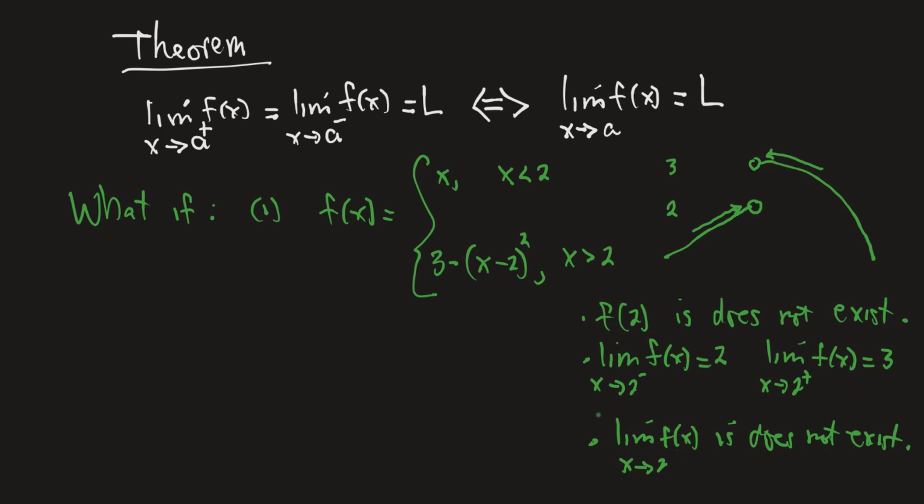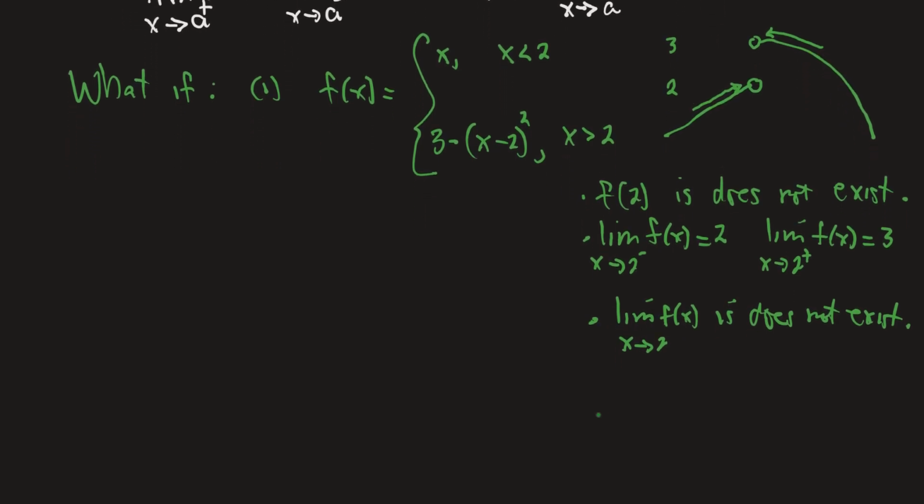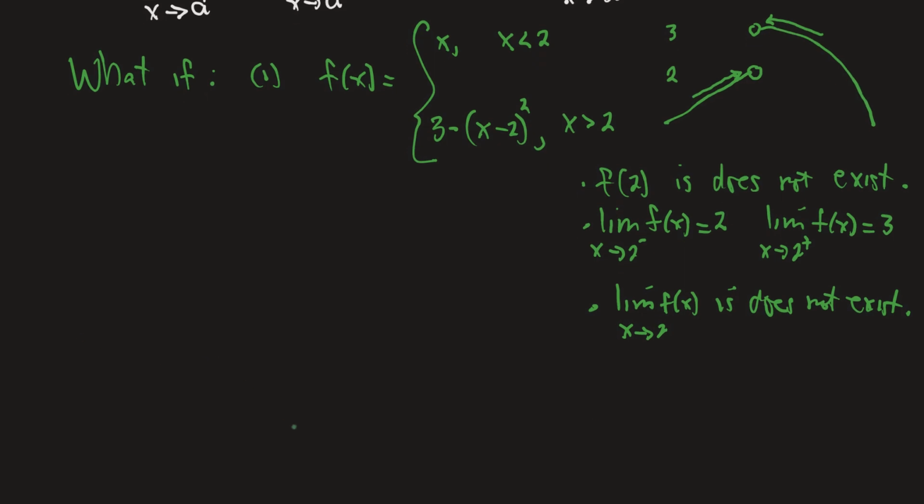All right? One more what if. So again, I'm going to change one piece of this function, but now instead of messing with the domain, I'm going to change the linear part, and I am going to do this.